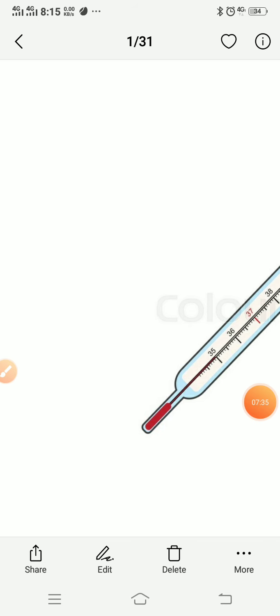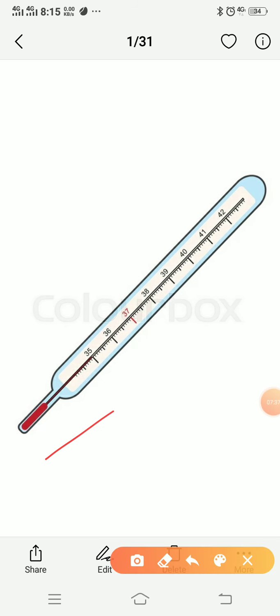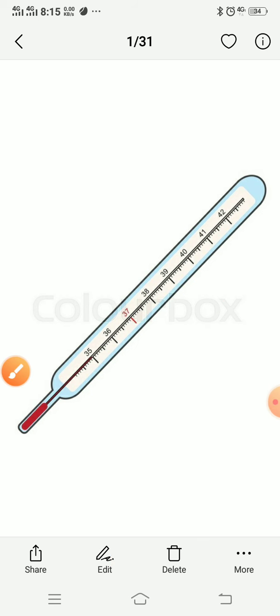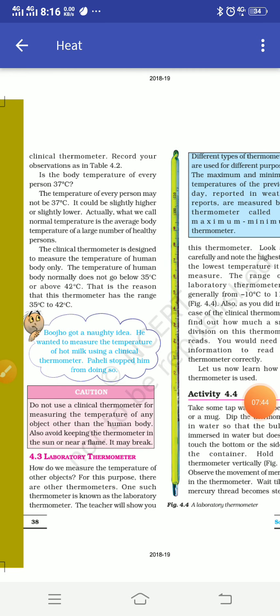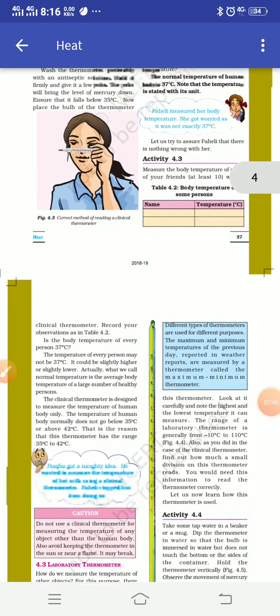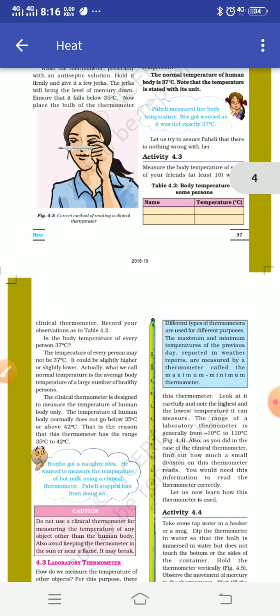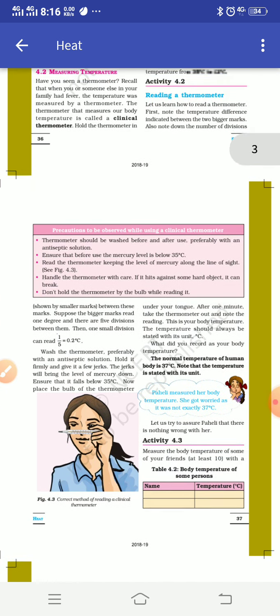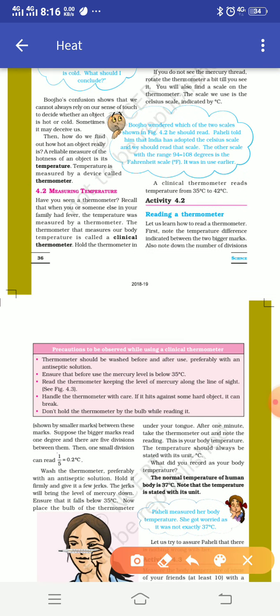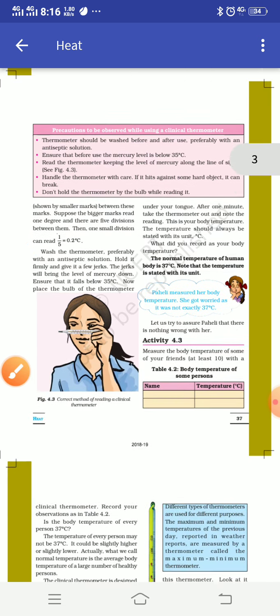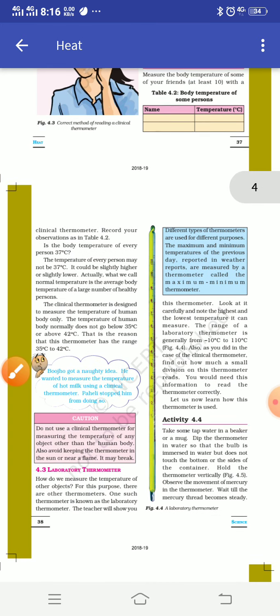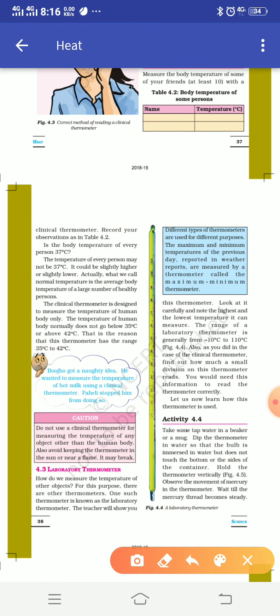Just see, this is your clinical thermometer. Today we discussed the reading of a thermometer, and the kind we took is the clinical thermometer. Next we will discuss the laboratory thermometer in my next video.